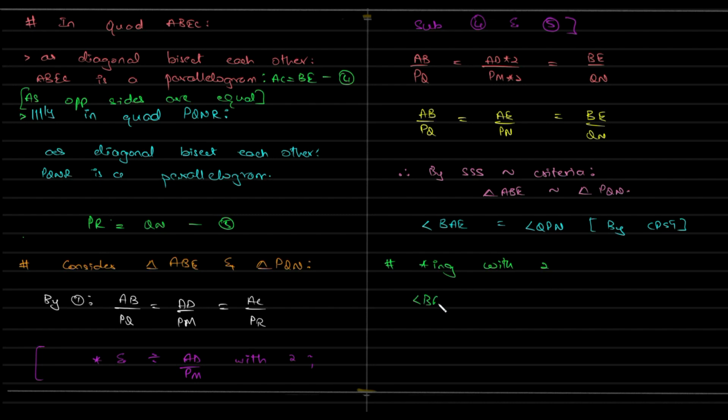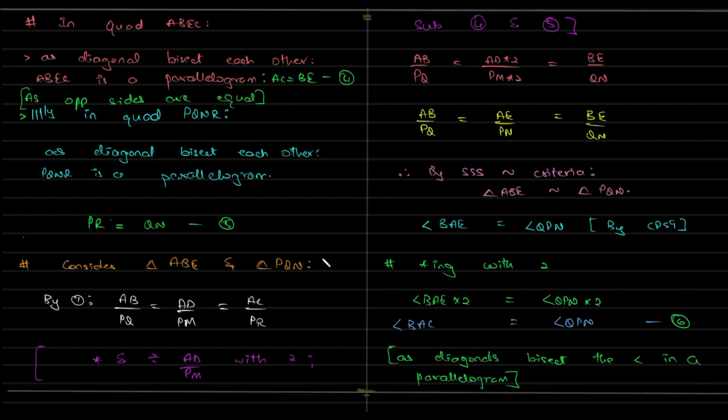So double of BAE and double of QPN will give me, look at the diagram, angle BAC will be equal to angle QPR. Reason, we'll write the reason first: as diagonals bisect the angles in a parallelogram. And so we have this. We'll call this equation 6.